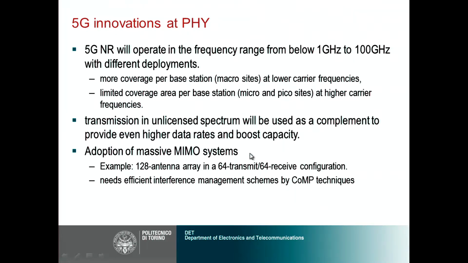Another likely improvement is the adoption of massive MIMO systems. The definition of massive MIMO is when you have a larger number of antenna elements than you have receivers. So massive MIMO is likely to be something in the range of 128 antenna elements, so antenna arrays.